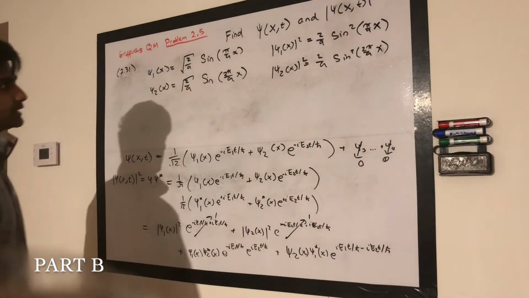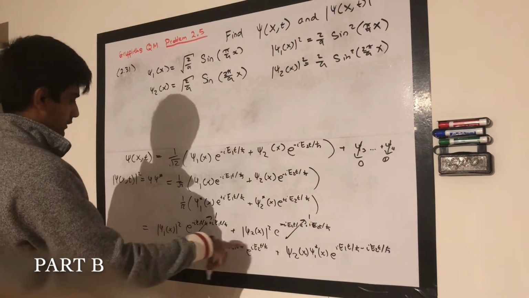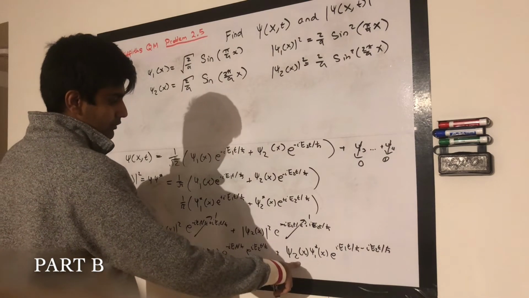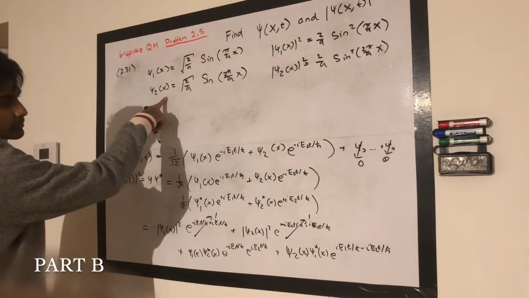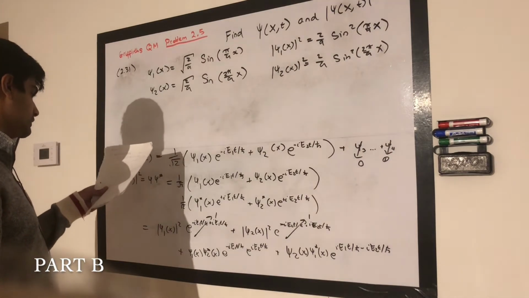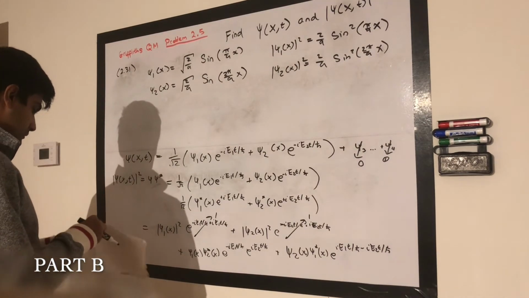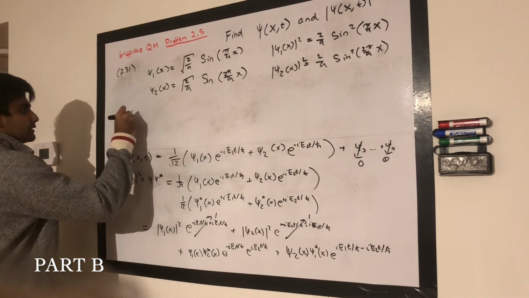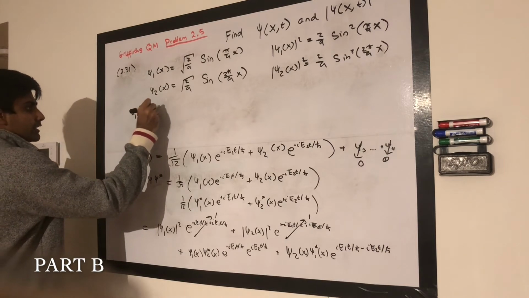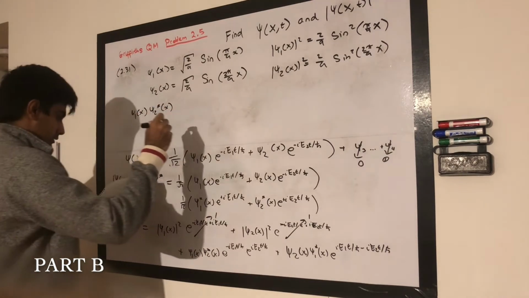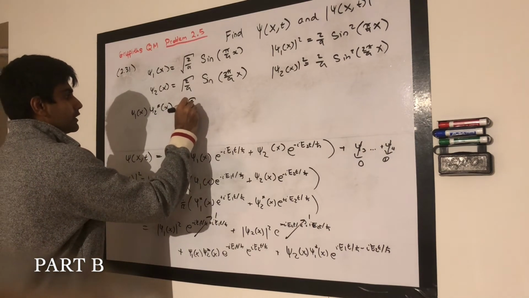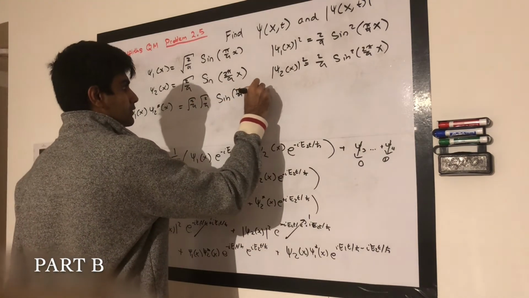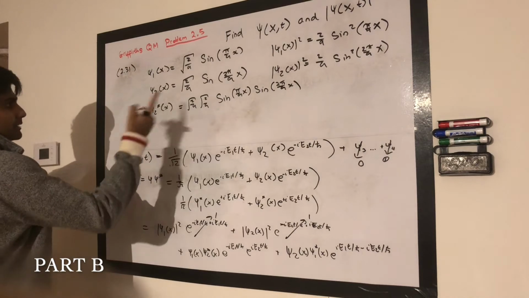Now, we're going to take these values and plug them into our big equation for psi of x and t squared, and also accumulate these psi 1 and psi 2 terms that we've found using our equations. So what we're going to find is that psi 1 of x times psi 2 star of x is equal to square root 2 over a, and we can do the same thing for the other one.